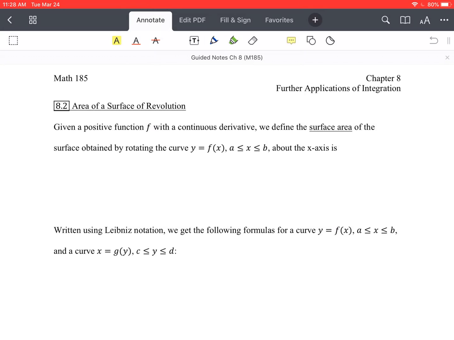Alright everybody, so we're in section 8.2 talking about area of a surface of revolution. So we're just going to start right off and look at some formulas that we're going to be using here.